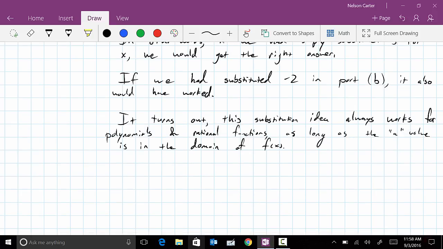So this produces a very nice property that everybody likes because they use it all the time. It's called the direct substitution property. This is not one of our laws, but it's a property.